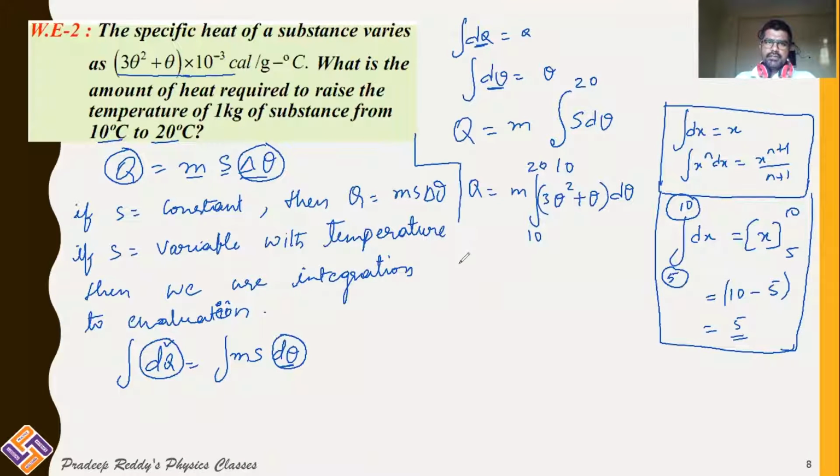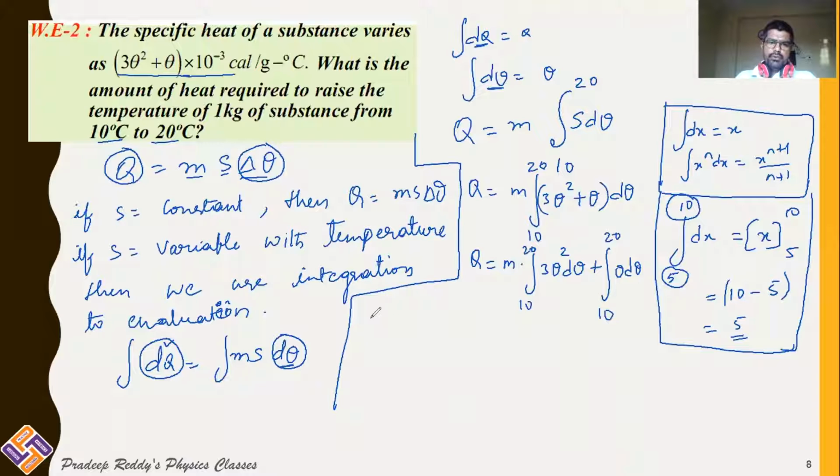And this is finally calculated as Q is equal to m into integration of 3θ² dθ plus integration of θ dθ. Limits are from 10 to 20. So Q will be equal to m into 3, which is a constant; you cannot integrate it because it is a constant value.